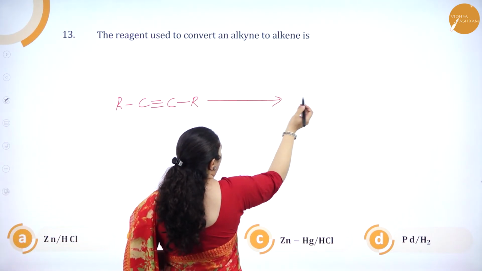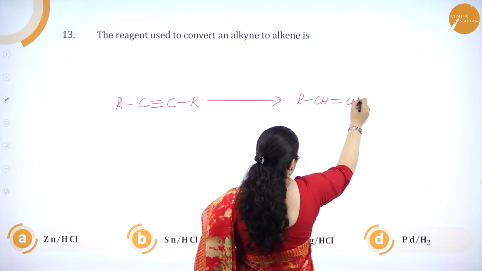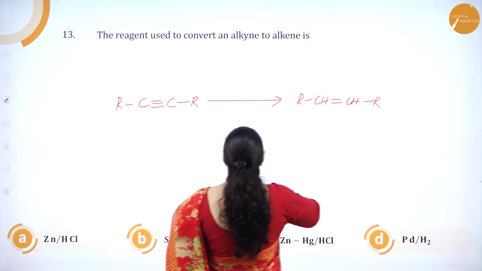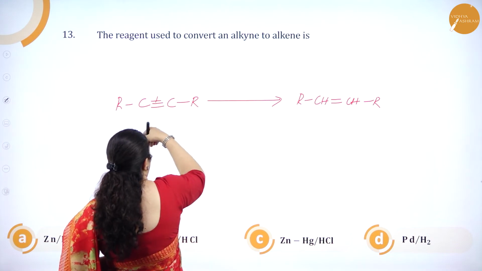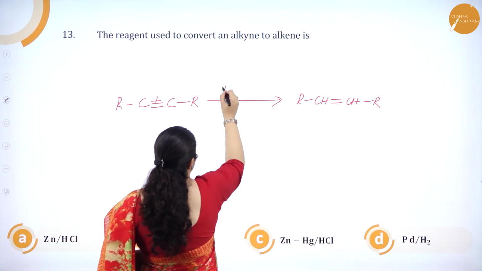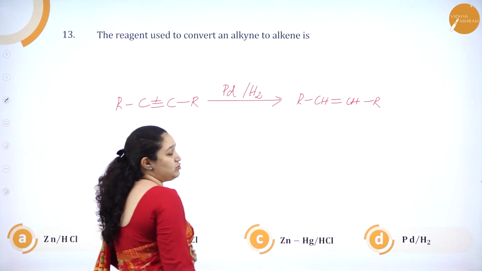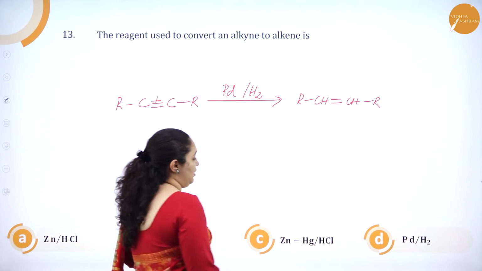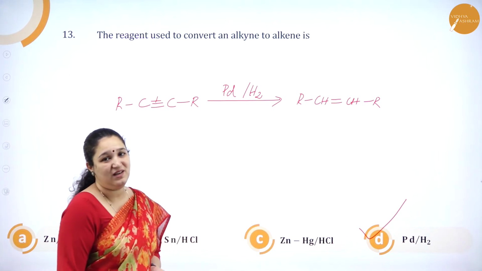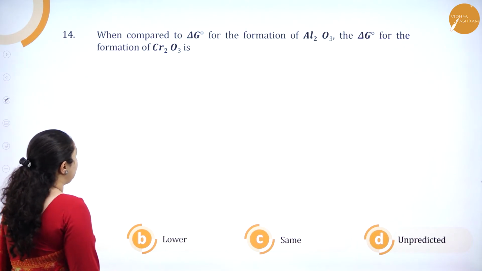You have to get it converted to alkene, that is R, CH double bond, CH, R. Okay, so what you're doing, you have to break a bond and hydrogen has to get added, or reduction, and that is possible with palladium as a catalyst and hydrogenation. So option D is the right answer. Okay. Next question.